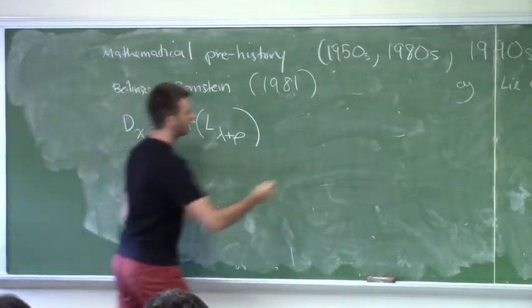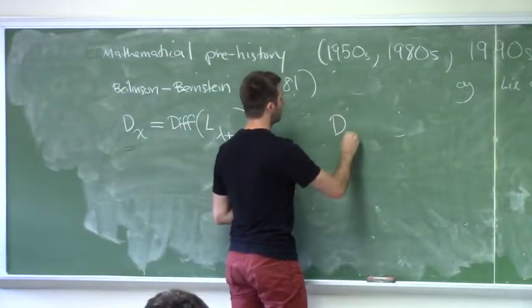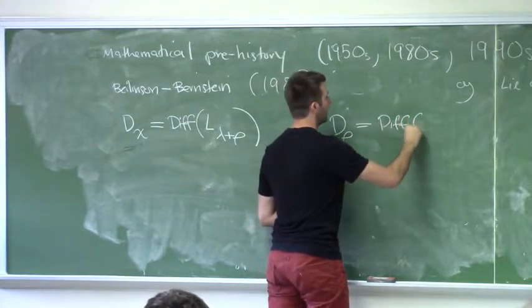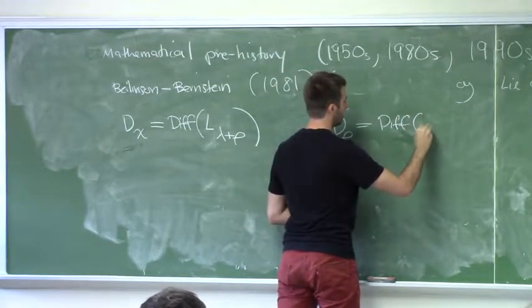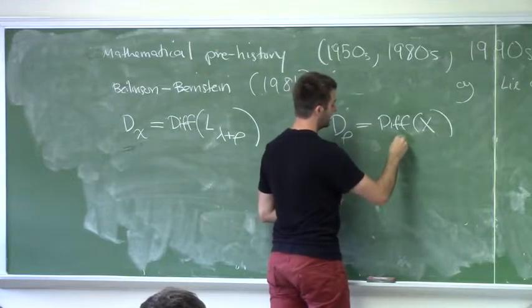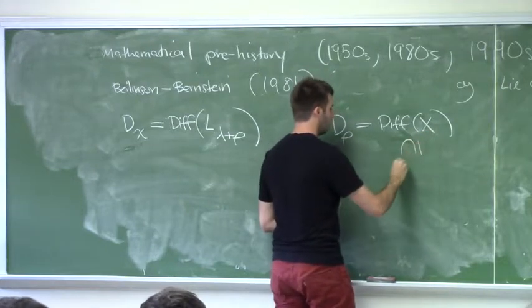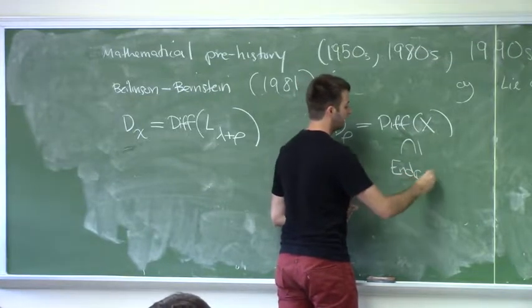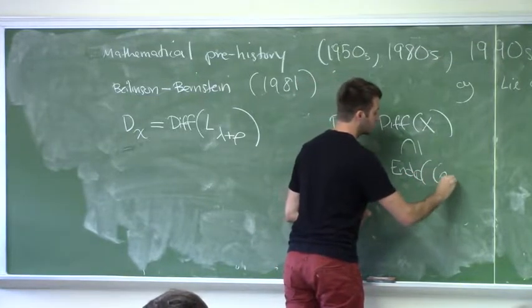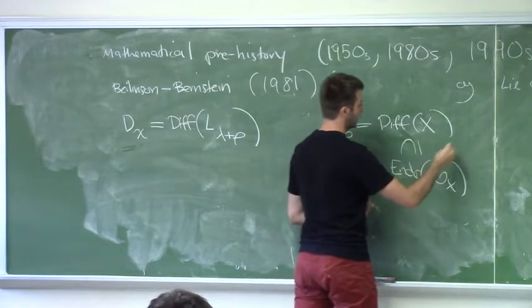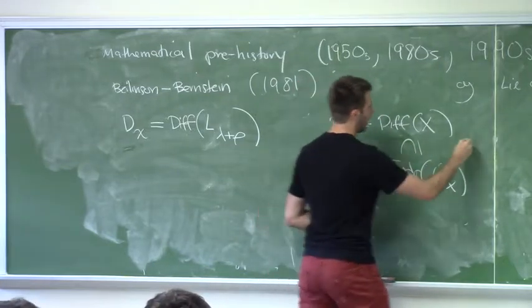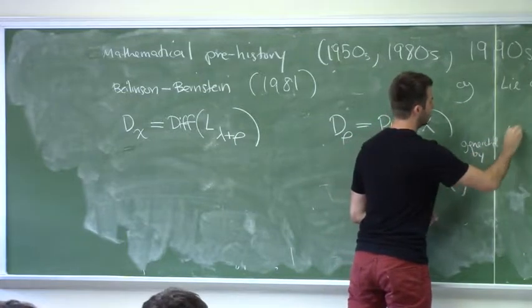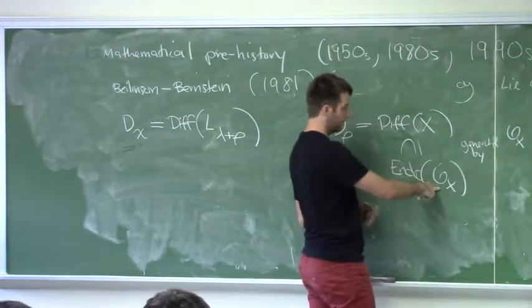So in particular, if you do D_ρ, that will be the ordinary sheaf of differential operators on X. And this is, if you remember, a sub-sheaf of the sheaf of C-linear endomorphisms of the structure sheaf of X. And this thing is generated by multiplication by a function.